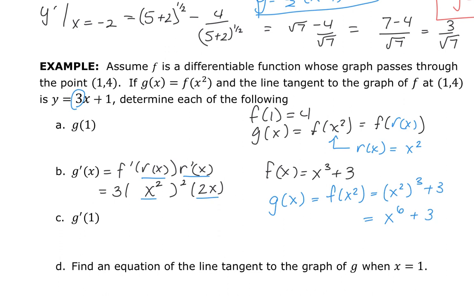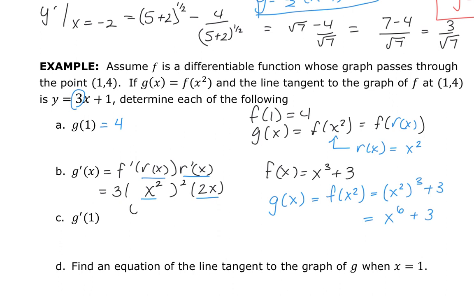So g of 1 would just be 1 to the 6th power plus 3, which is still 4. And g prime of 1, excuse me, would be 3 times 2, which is 6.